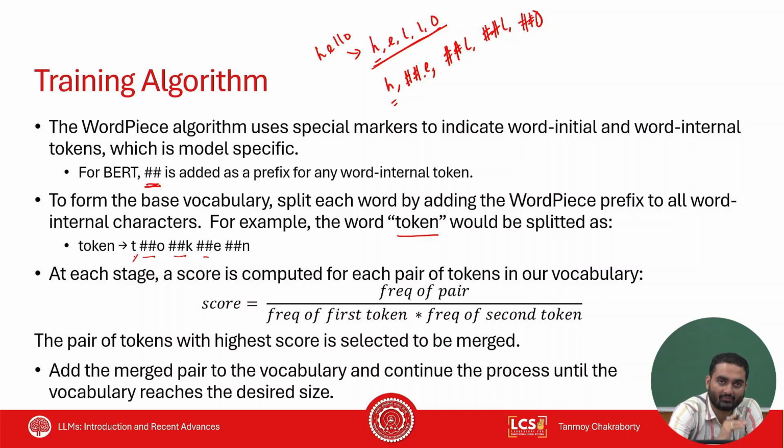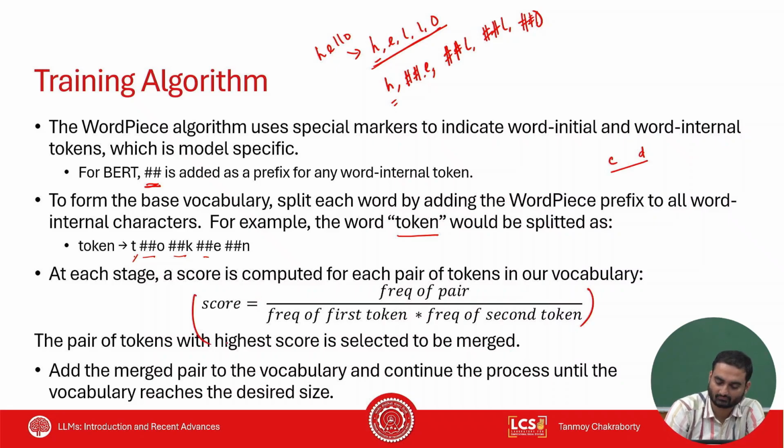Now, when we think of merging, let's say we want to merge two characters C and D. In case of BPE, what we did was look at the frequency of CD. Here what we do, we use this score function.